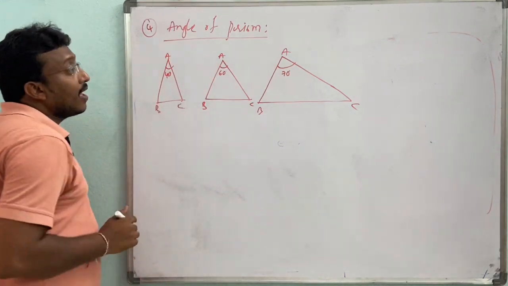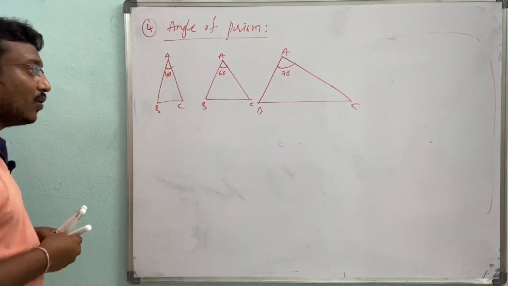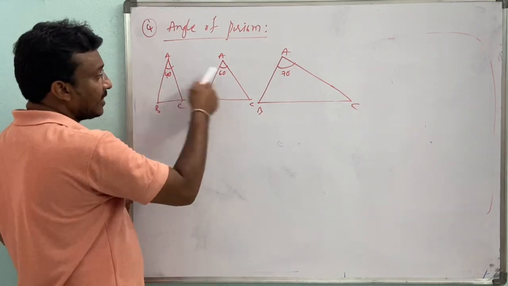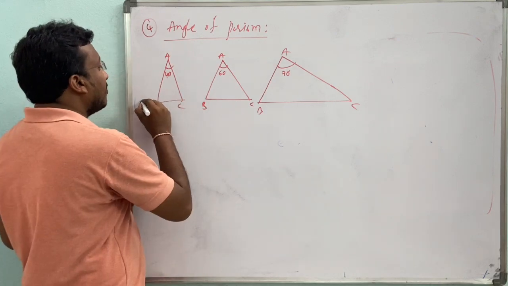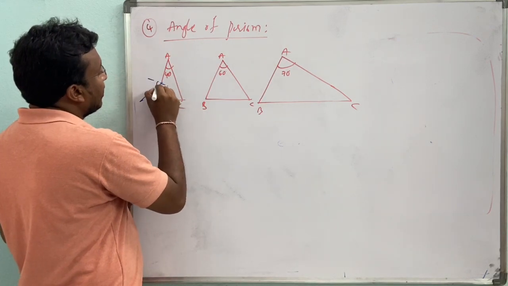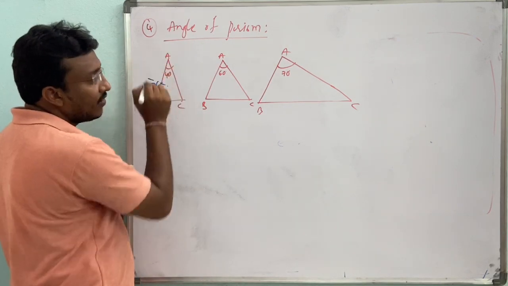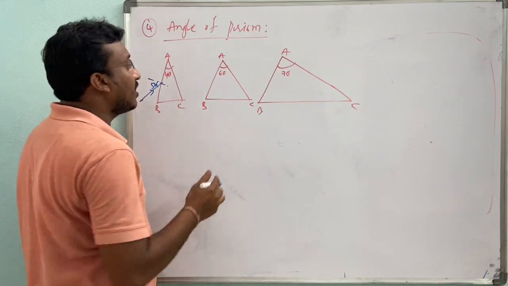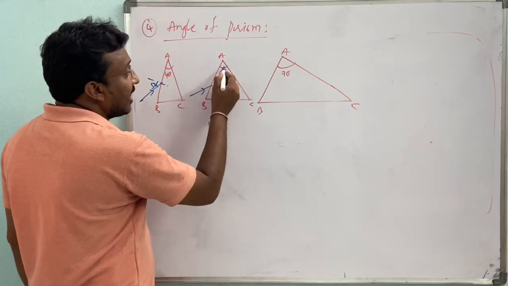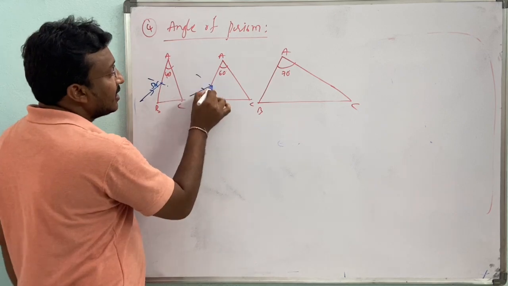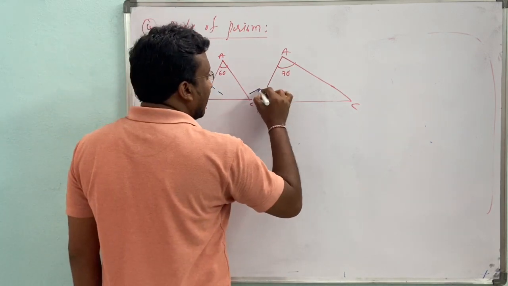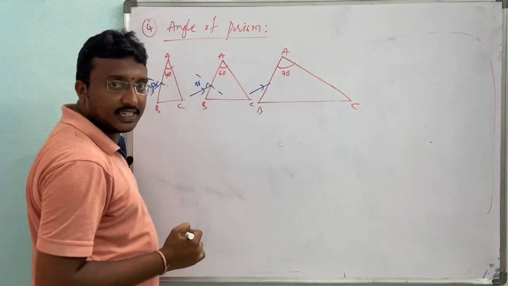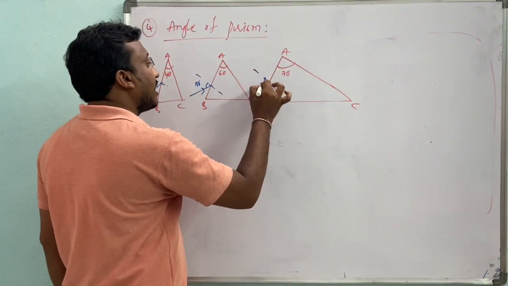For example, in this case, you will notice that after completing the activity, like a lab activity, take an incident angle of 50 degrees. In case the angle of prism is 40 degrees, and the second, in case the angle of prism is 60 degrees, do the activity with the same incident angle, 50, and in the case the angle of prism is 70 degrees, then take an incident angle of 50 degrees.